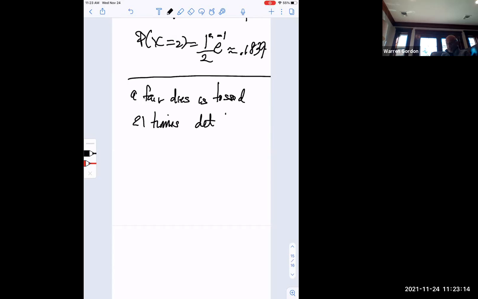Determine the probability of obtaining a 1 3 times.